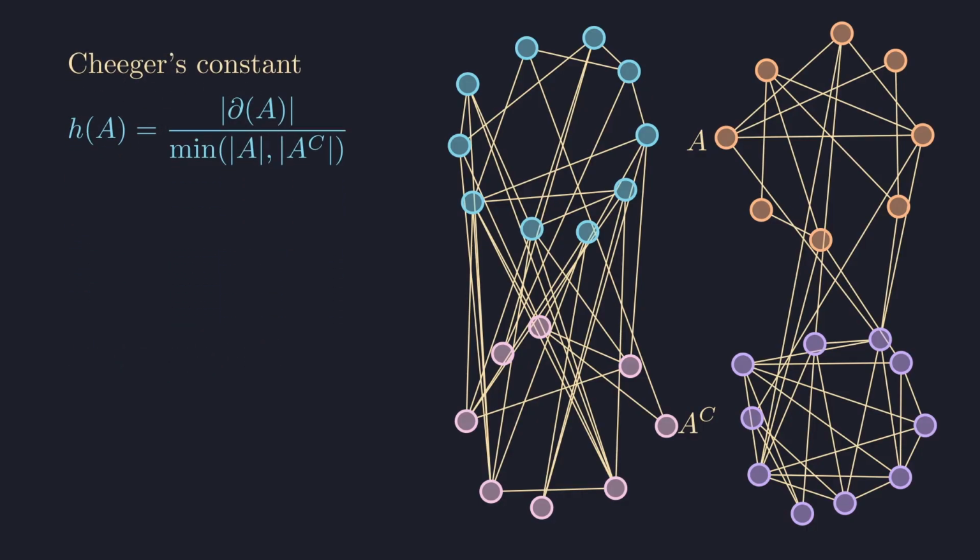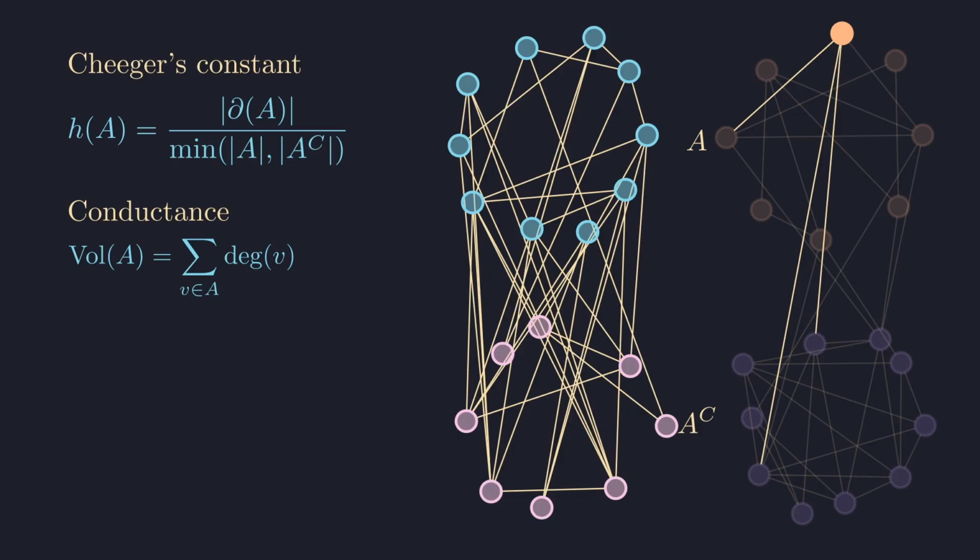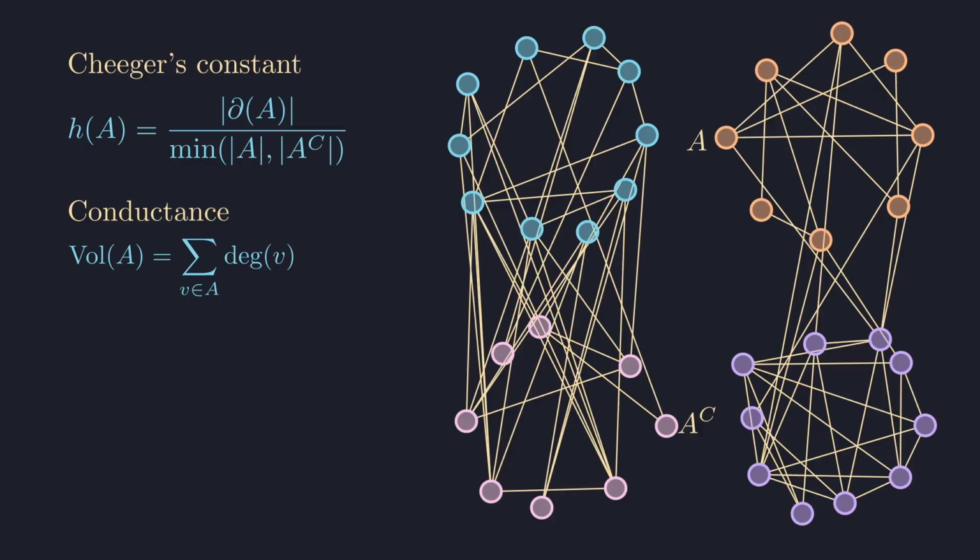Another objective function which people study is called the conductance. For this, define the volume of A to be the sum of degrees of all vertices V in A. The degree of a vertex V is the number of edges that are incident on V. Volume is just a different measure of how large a set of vertices is.